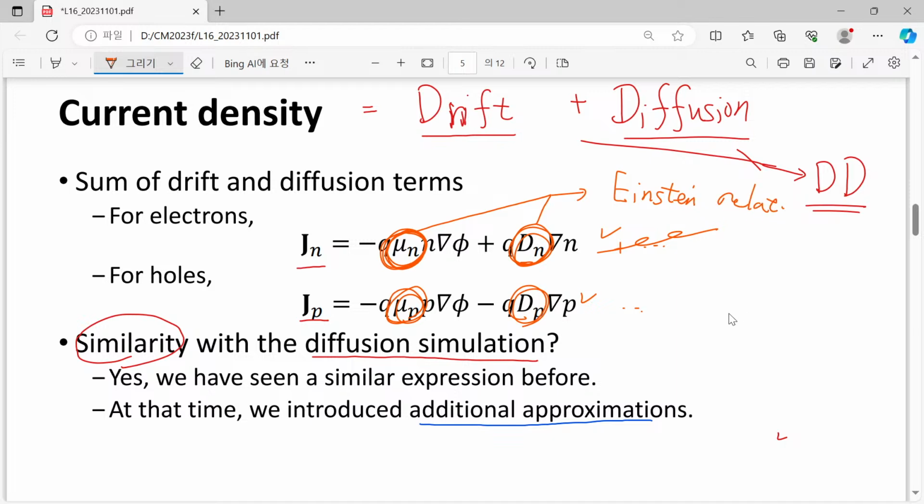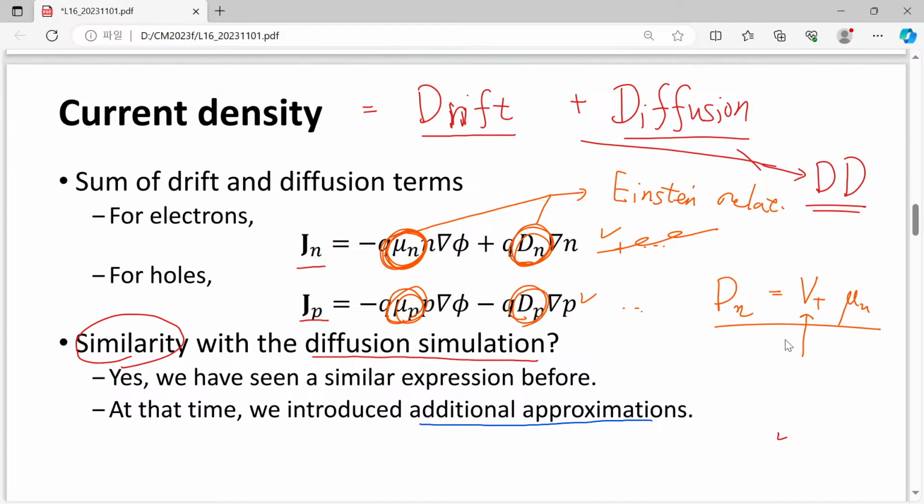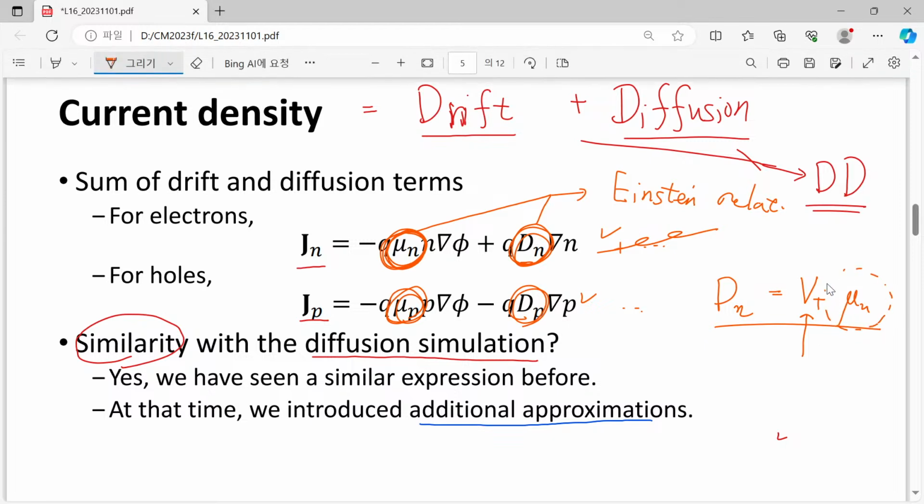The Einstein relation simply means that the diffusion constant and mobility are related by a constant, the thermal temperature, a proportional coefficient. So these can be merged into only one quantity, mobility.